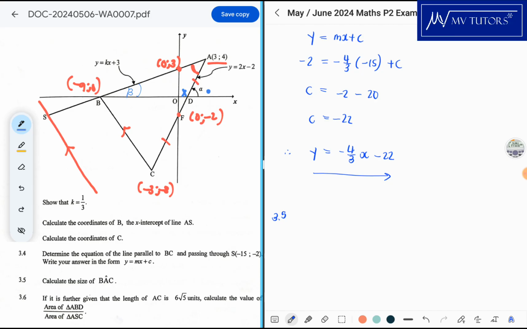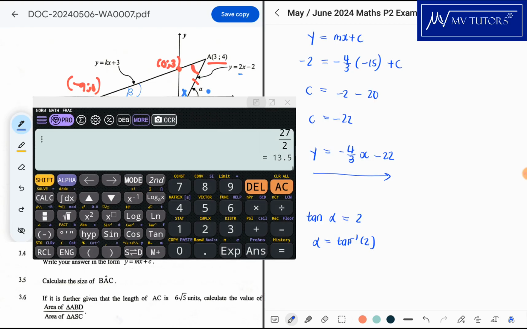So tan alpha will be equal to the gradient of this line, and we know that the gradient is 2. Then I can get what alpha is. Make sure when you're calculating your calculator is set to degrees. You don't want to work with radians. So we have shift tan 2 there. Arctan 2 gives us an angle of 63,43 degrees.